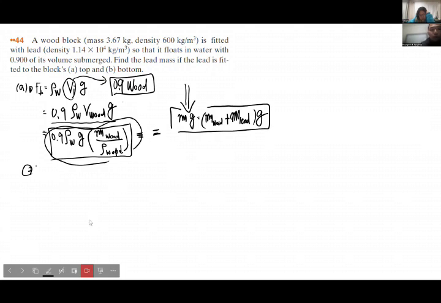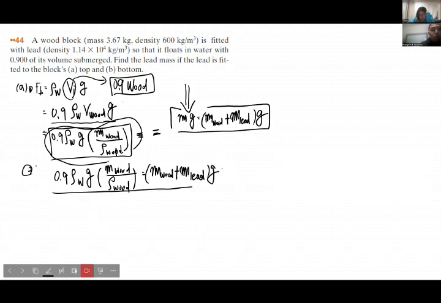That makes 90% of the wood block submerged into the water, but 10% floating over the surface. So with that relationship, 0.9 times density of water times g times m wood divided by density of wood equals (m wood plus m lead) times g.